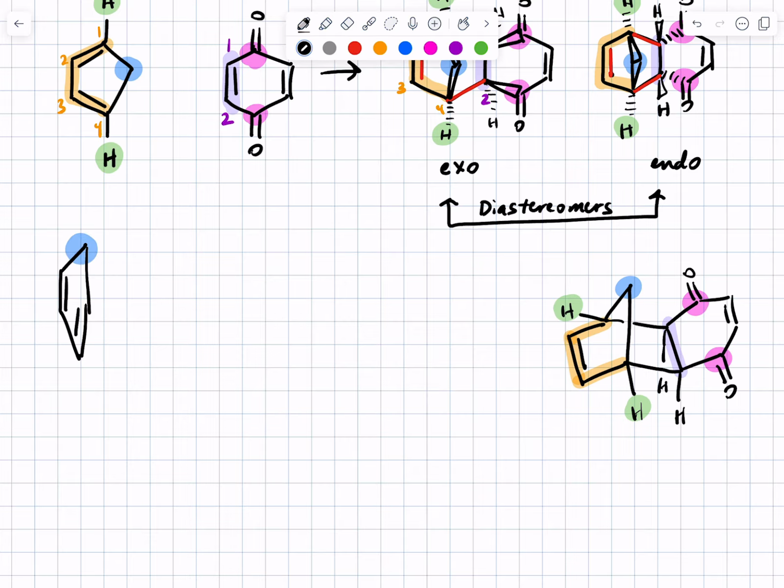So you've got the diene on the left, and on the right, you've got the olefin. I'm trying to draw it flat, and it's ugly, and I know, I'm sorry. I'm going to highlight the two groups on the olefin. I'm going to identify carbons orange 1 and 4 on the diene, purple 1 and 2 on the dienophile.